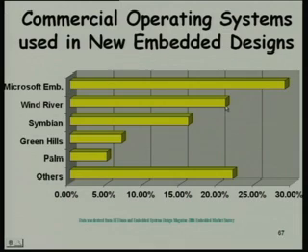They have several operating systems under Wind River, which are also very popular, and then we have Symbian, Green Hills, Palm OS. These are some of the names we will use as we proceed in this course, and of course, there are the free operating systems, and these are the small players in the commercial operating system area.